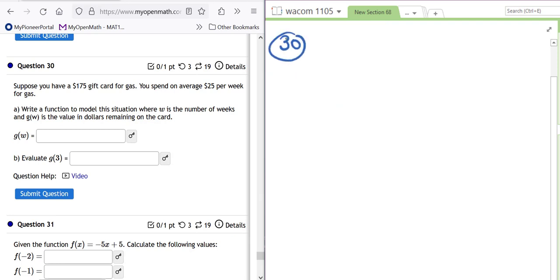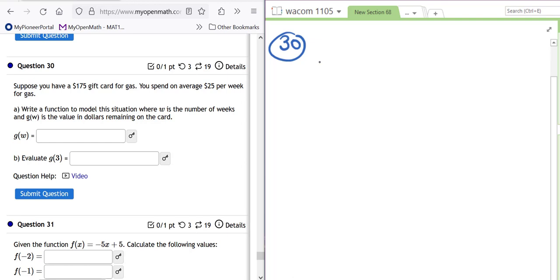All right, so this one says we have a $175 gift card for gas. You spend on average $25 per week for gas. Write a function to model this situation where W is the number of weeks and G of W is the value in dollars remaining on the card.